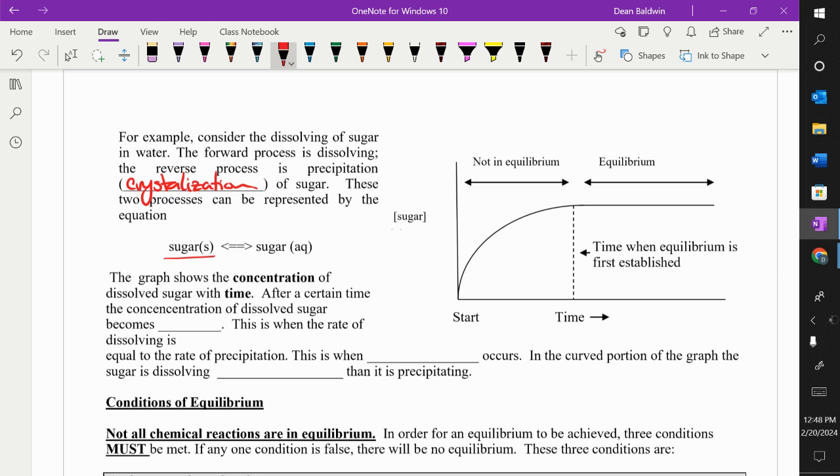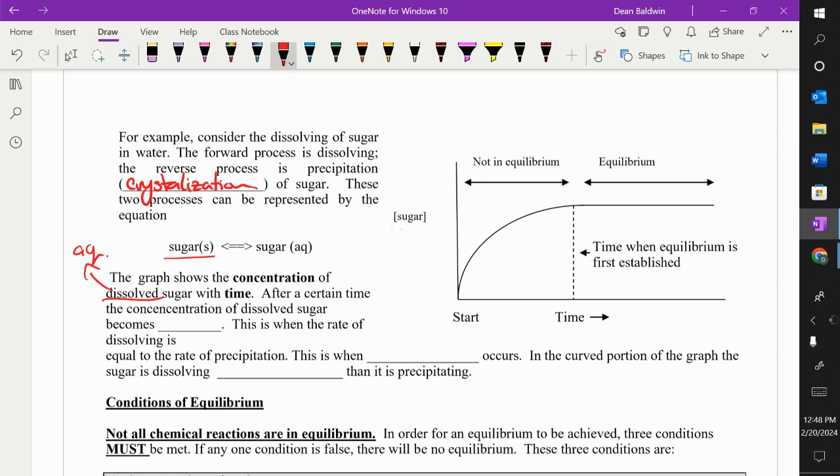All right, and we graph the concentration of dissolved sugar, so the aqueous stuff. Okay. Initially, as soon as you dump the sugar in, you have no dissolve, right? It's just all this, like the instant it happens.